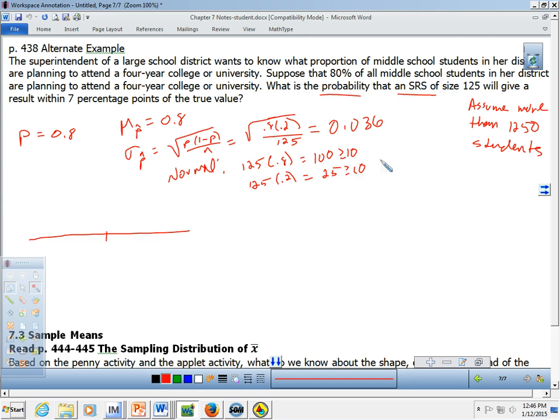That's the normal condition, which means that now our sampling distribution of p hats is going to be normal with a mean of 0.8 and a standard deviation of 0.036. This is not a very good curve, and it's not centered very well. But anyway, we get 0.836 here, and 0.972 here, I think.